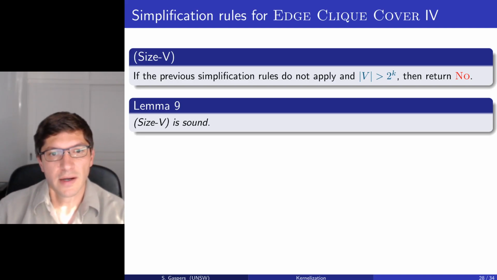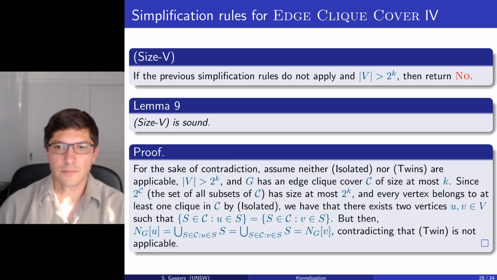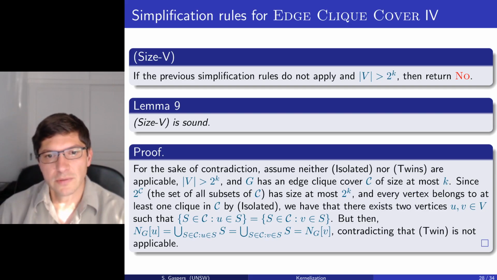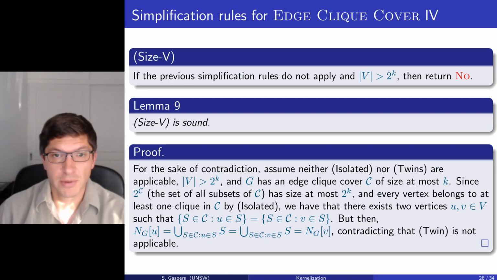So to show that the size rule is sound, we assume that none of the previous simplification rules apply, the number of vertices is more than 2 to the k, and we have a yes instance.